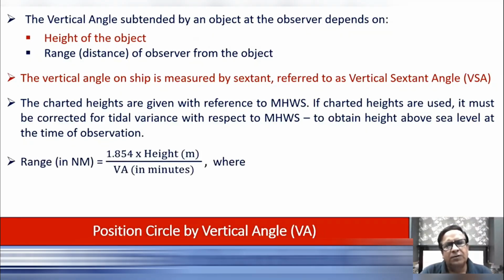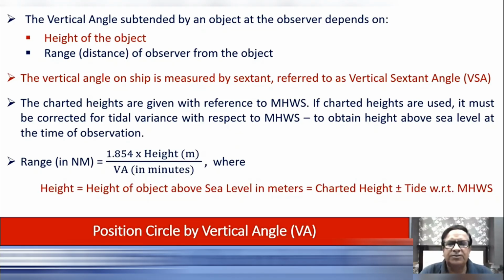Range of the observer is then calculated using this formula. It's 1.854 times height of the object in meters divided by vertical angle in minutes. Please remember, the range so obtained shall be range in nautical miles. So please be careful about the units. The range shall come in nautical miles, height of the object is in meters, and vertical angle is in minutes, not degrees and minutes.